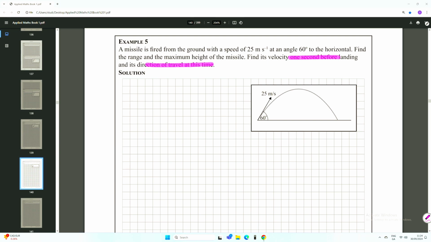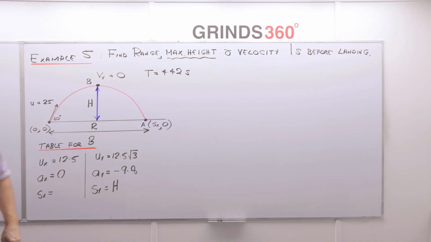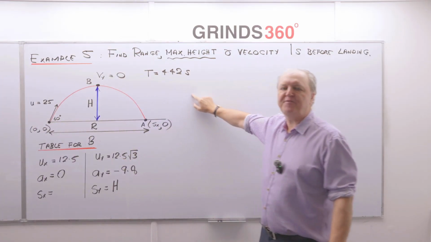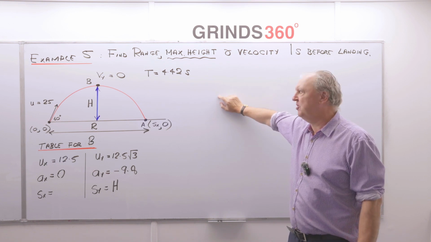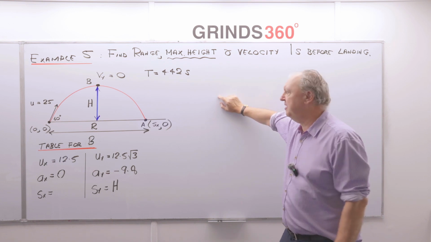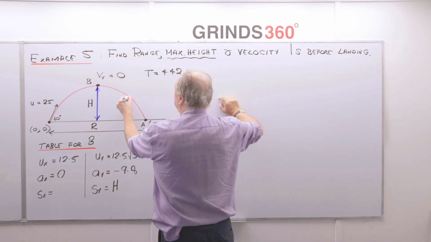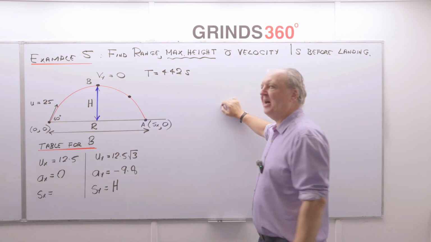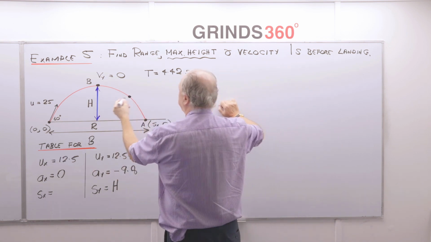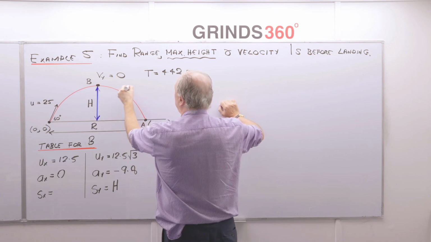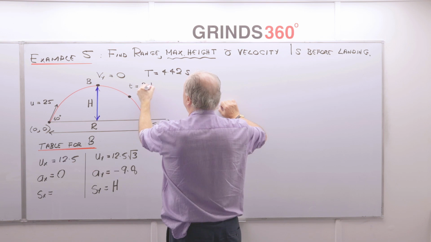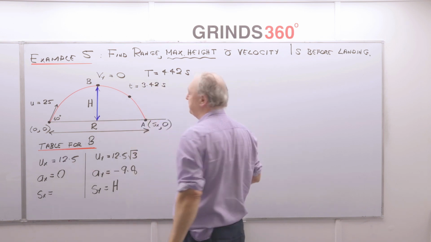So we're talking about 1 second before landing. The time of flight, that's 4.42 seconds. 1 second before landing, let's say it's here. And the time to reach that point from launch would be 1 second before that, 3.42 seconds.